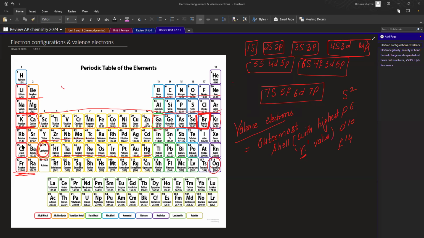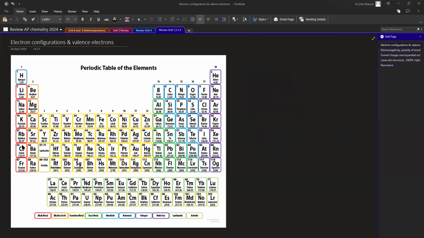Ready? Give the electron configuration of bromine, and you are going to give me in terms of noble gas notation. So it is argon, this element, and this is period number 4.